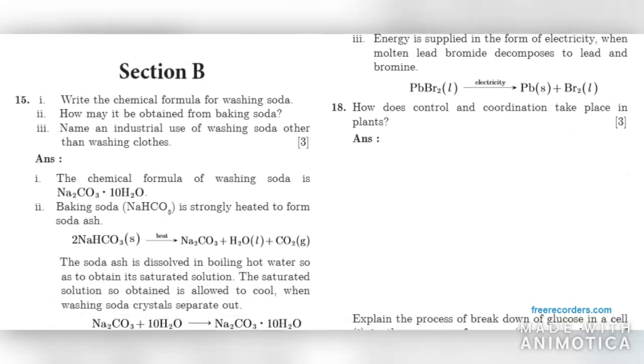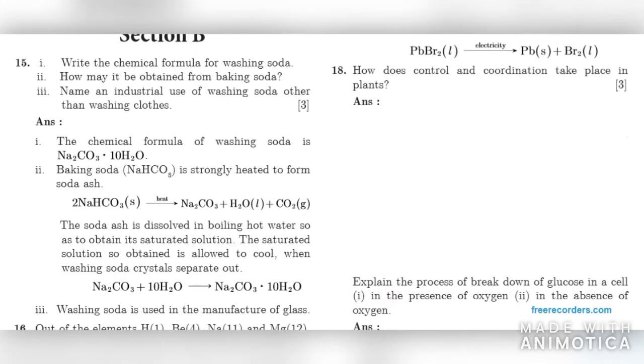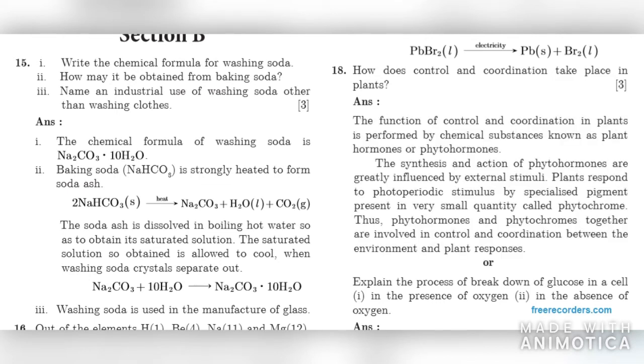Now moving on to question number 18, where you have to answer how control and coordination take place in plants. You can write some points about plant hormones, and then explain how they help in responding to those stimuli.